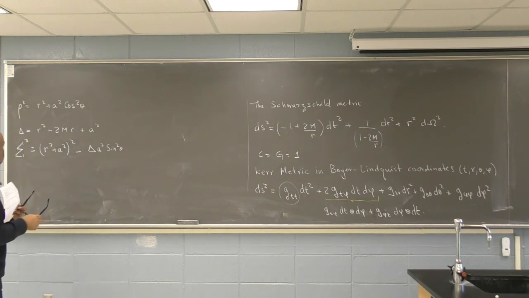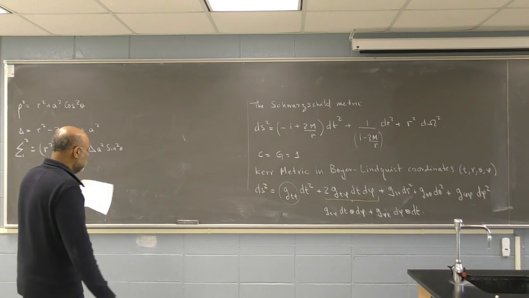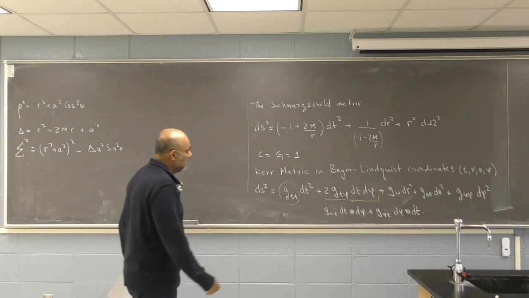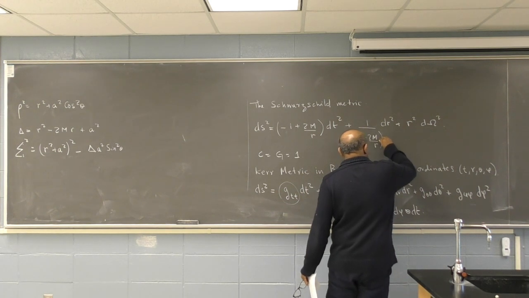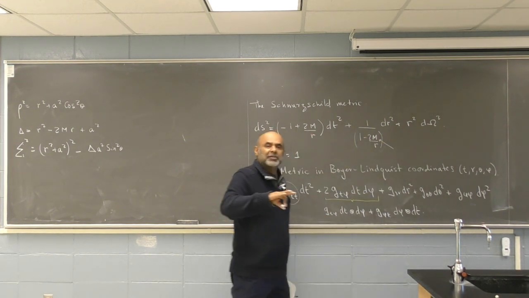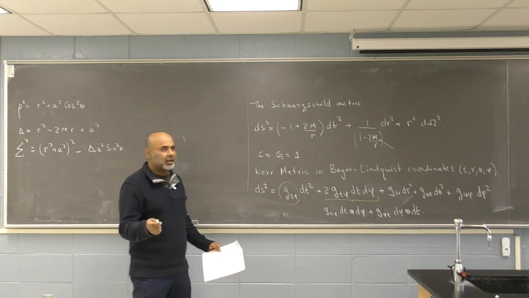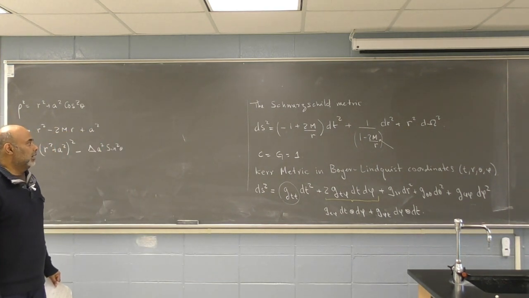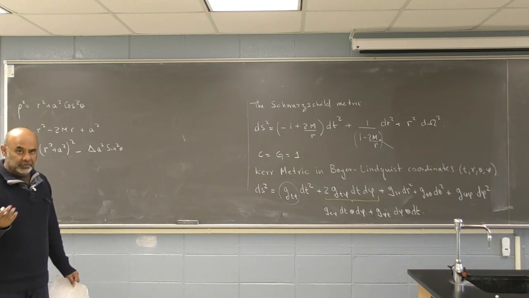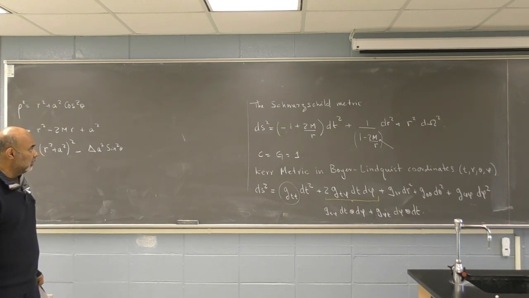So before I write down the actual coefficients, let me point out this feature. All of you should know that this m stands for the mass of the space-time, mass of the black hole, as you might want to call it. It's a constant. This should be familiar to you from a standard introductory course.